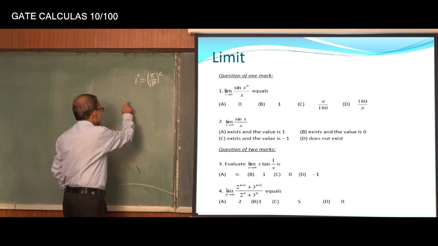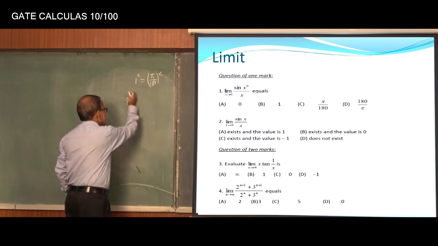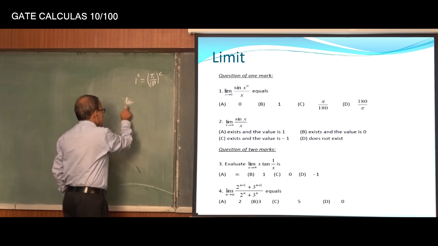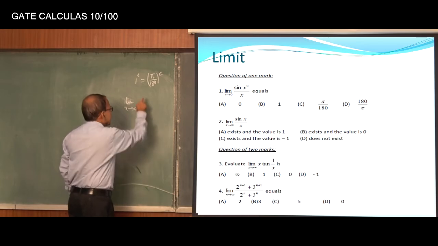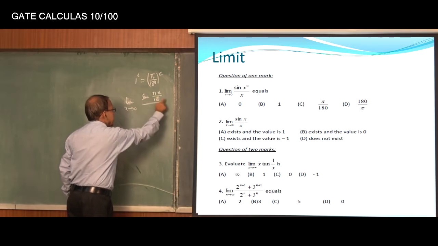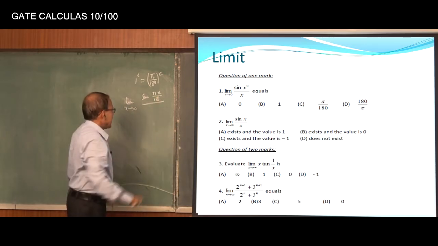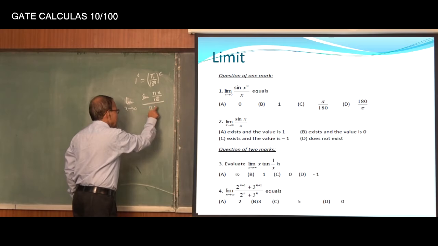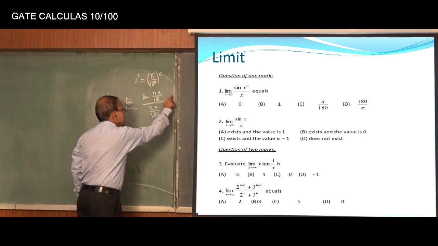So, this problem is like this, limit x tends to 0 of sin x degree. So, sin of pi x by 180 by x, I am writing x as pi x by 180 into pi by 180.